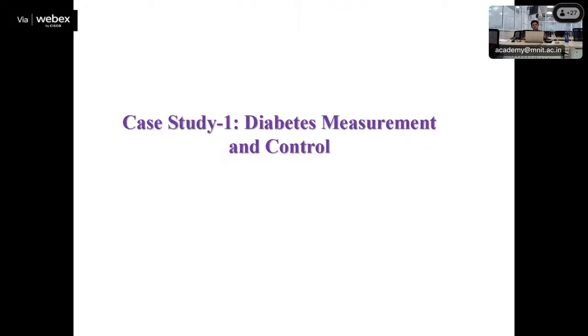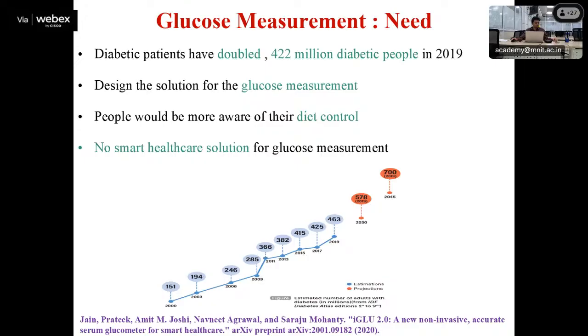Now we are going to discuss various case studies that we can have in our smart healthcare devices. One of the applications where we are currently working very extensively is diabetes management, and the control for that.